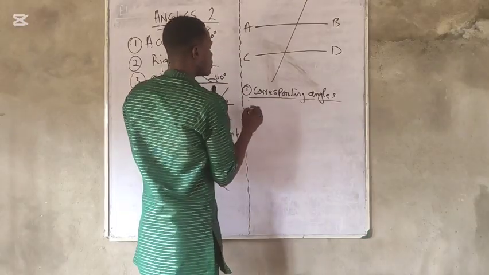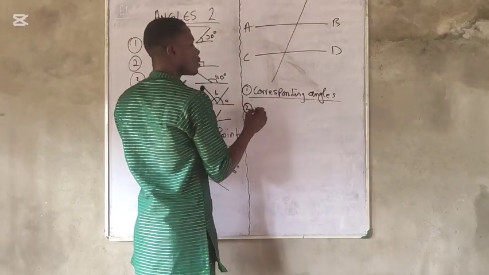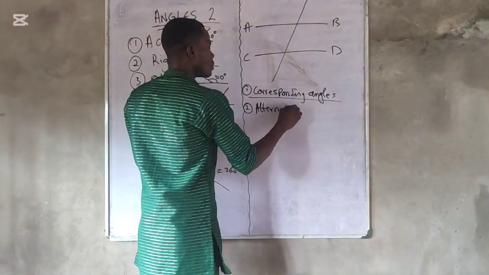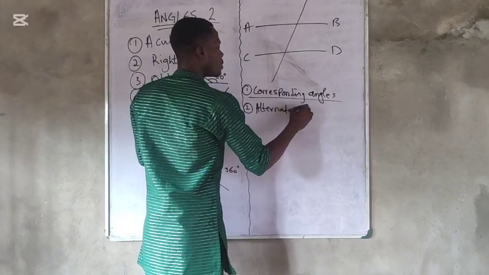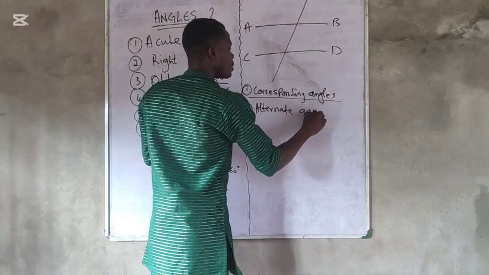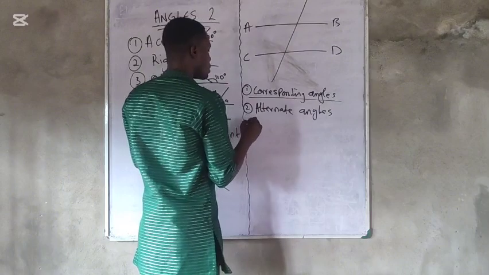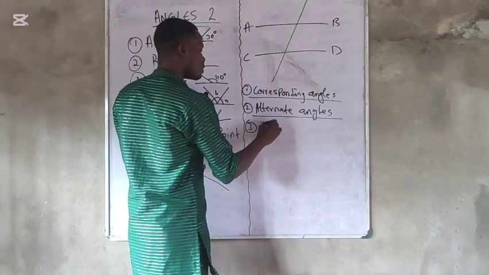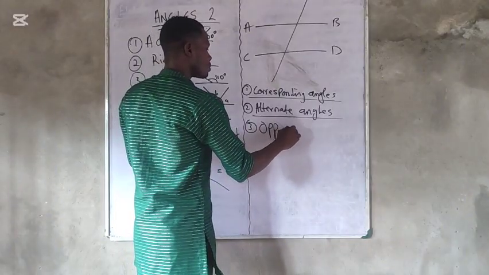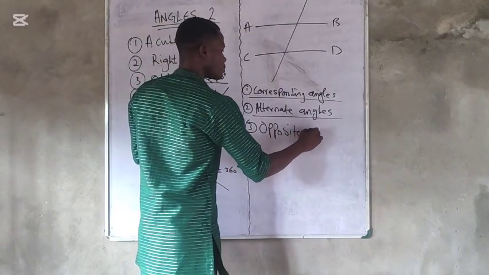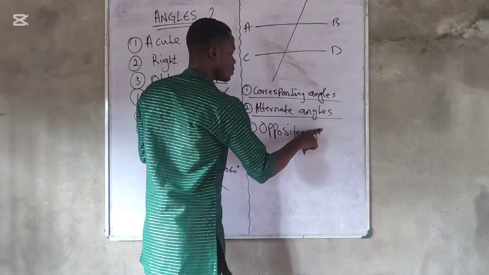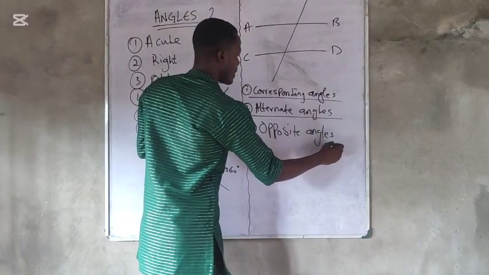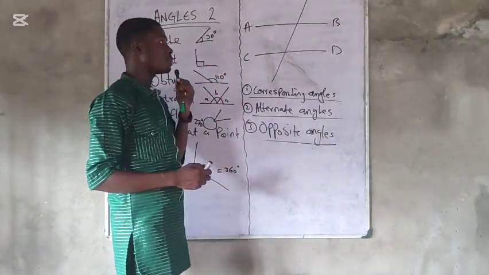The number two is called alternate angles. The third one is called opposite angles.